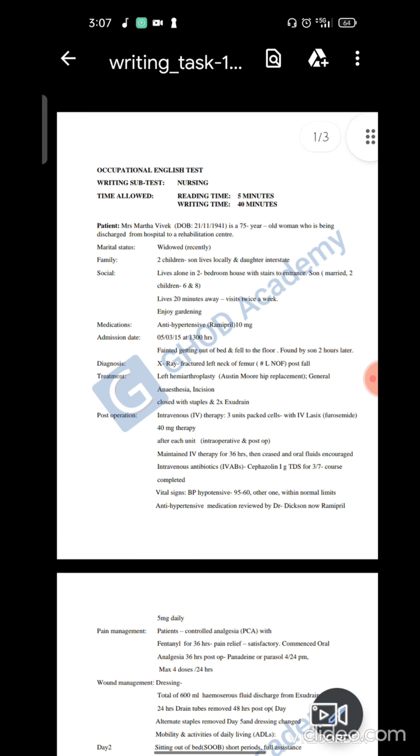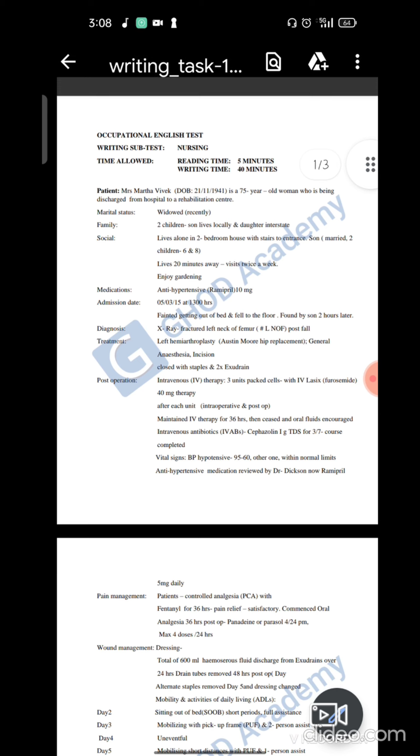In this case, you can put a tick mark on the patient name and age. The patient will be discharged to the rehabilitation center, and the marital status, that she lives alone, is the social history. Then the antihypertensive drug, Ramipril, admission days needed, and fainted getting out of bed, that is needed.